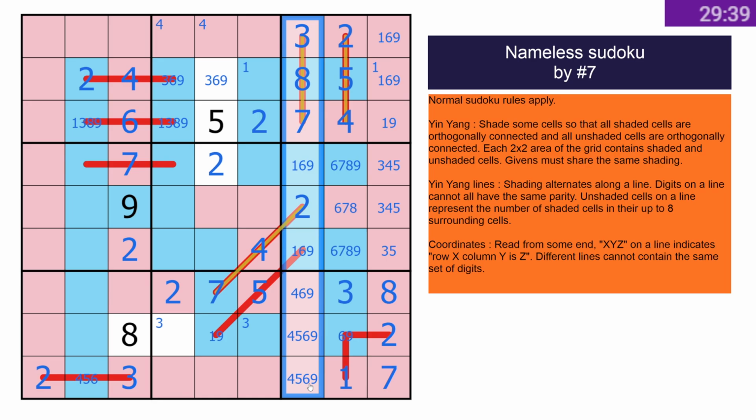This is talking about column 7. So it can't be asking where the 3 is, because that would need a 1, 3. Can't be asking where the 8 is. Can't be asking where the 7 is. Can't be asking where this cell is. Can't be asking where that cell is. It can't be asking where this cell is.